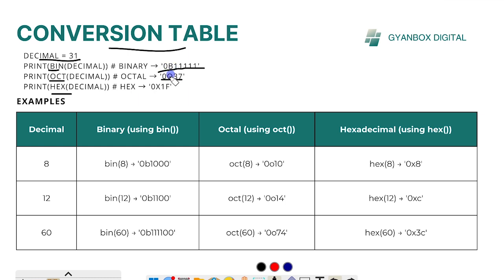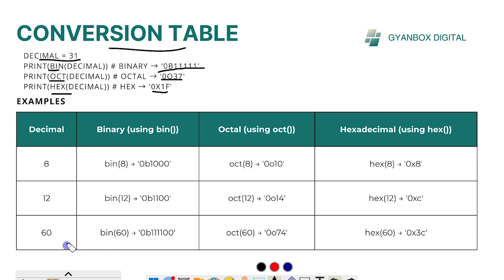Now here 0b, 0o and 0x, these are the prefixes mentioned here which identifies what type of number system we are representing here. So hex function will convert the same value into hexadecimal and write says 0x1f.